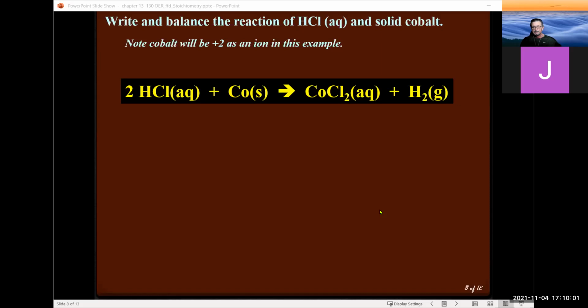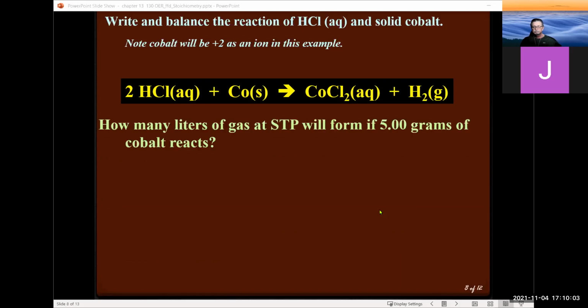Now questions could be asked. It says, how many liters at STP? That's good. STP tells us that we can utilize 22.4 liters per mole. So how many liters of gas?